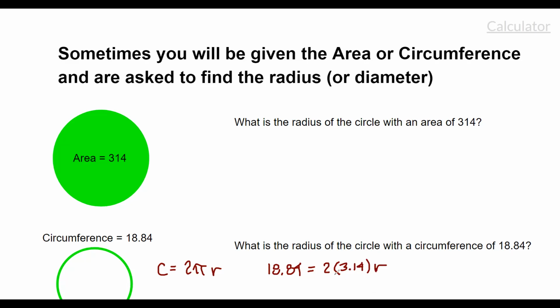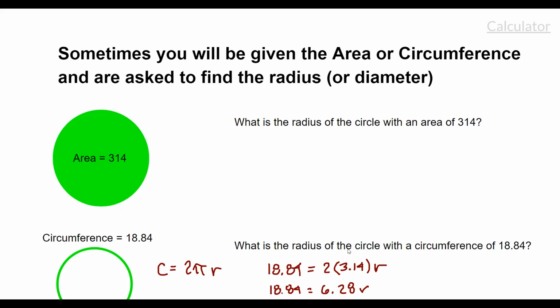So I could multiply the 2 and the 3.14 as a first step here. 18.84 is equal to 6.28 times r. Now, let's change my color here.